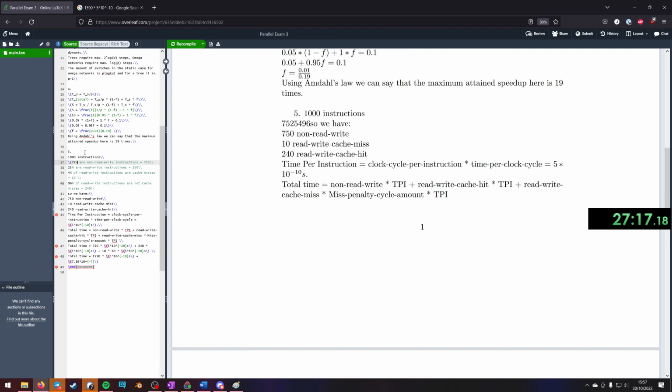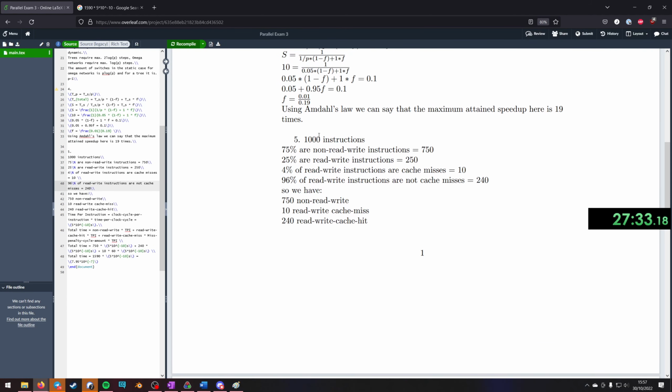So, fun fact, if you didn't know yet, percentage signs are ignore-this symbols in LaTeX, so you have to escape them if you want to actually use them normally. They're common symbols, which I sometimes completely forget. So yeah, 70% are non-read and write instructions.